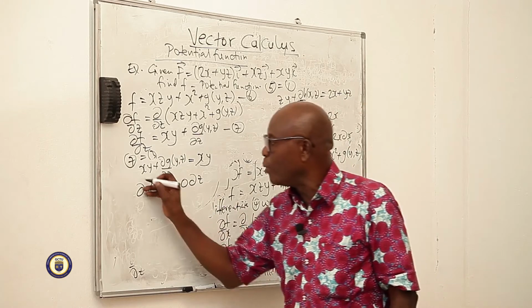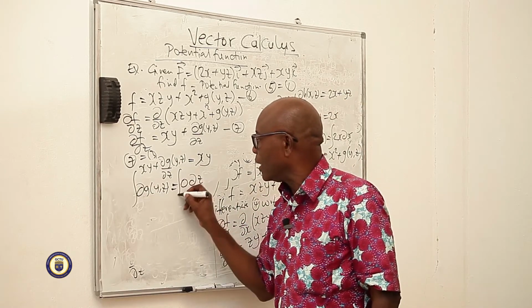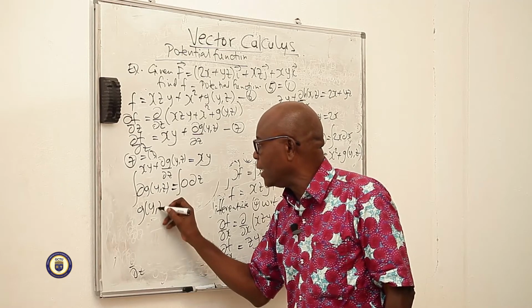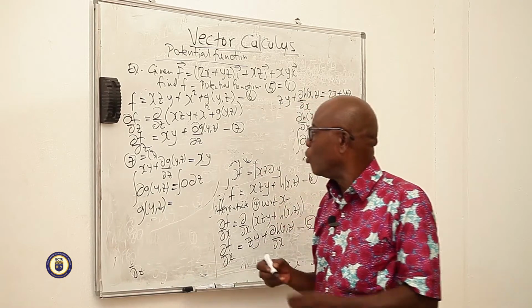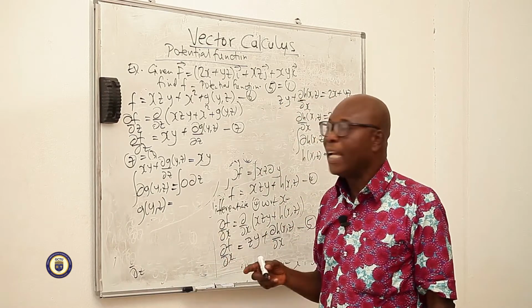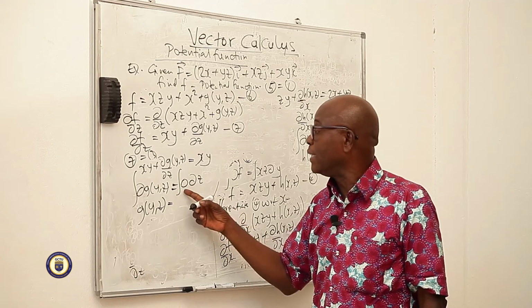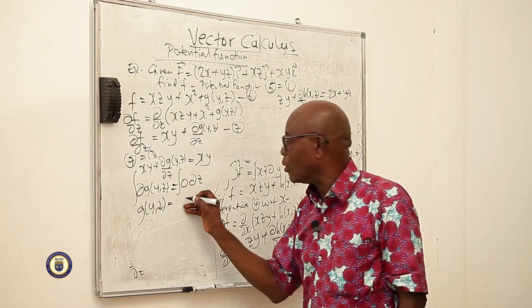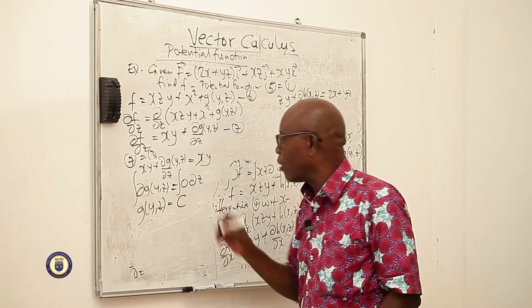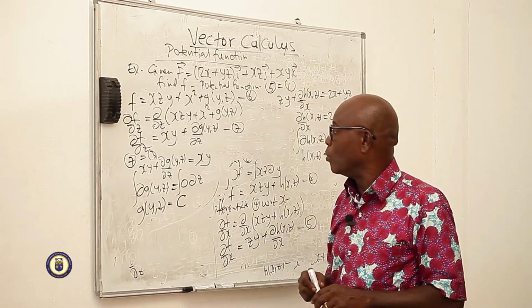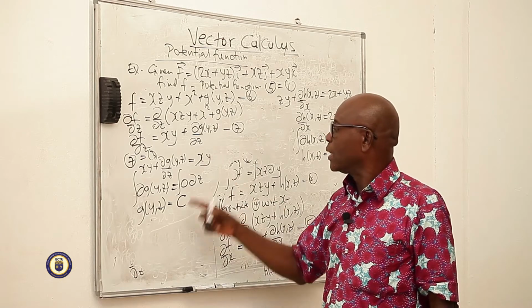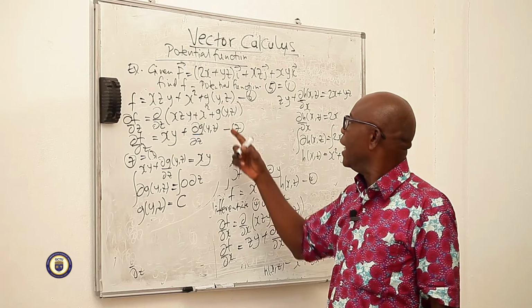Now we are going to look for g of y and z. And so if you integrate this side, you're going to have g of y and z equal to, if you integrate 0 with respect to z, we'll get a constant c. And so we put g of y and z into this.